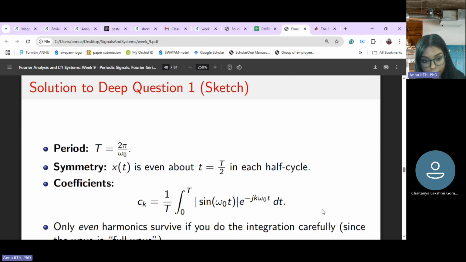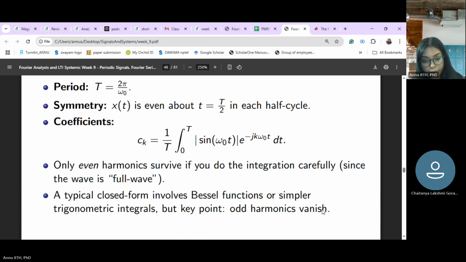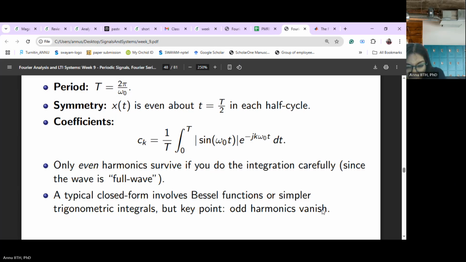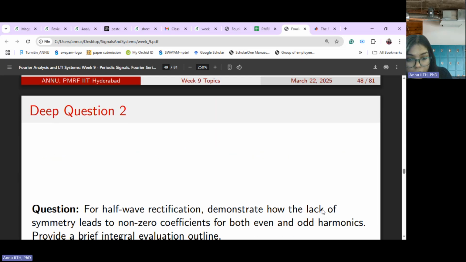So since you have period this, it's very simple.